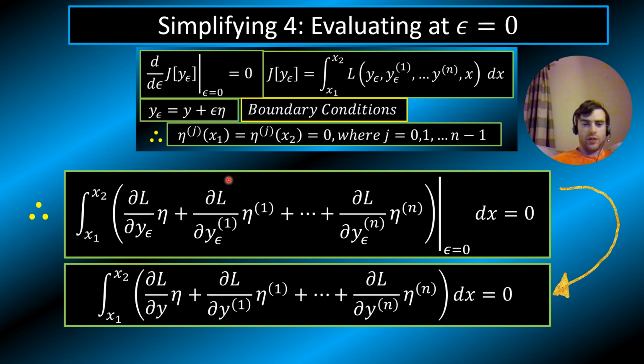And we can say, for example, that the partial derivative of L with respect to the first derivative with respect to x, y sub epsilon, evaluated at epsilon is 0, you can use this equation to say that's equivalent to evaluating y prime sub epsilon at y prime.